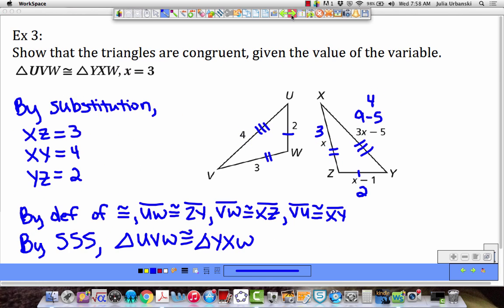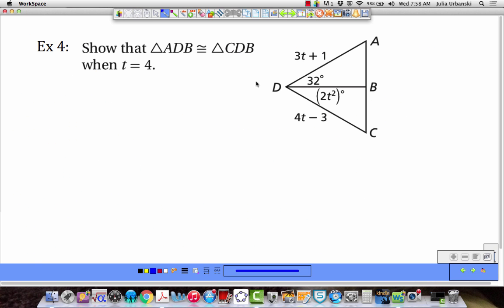All right, so plugging in for the next one. Plug in all these values. T equals 4. You plug it in. 3 times 4 plus 1. Get a value for those 3 things before we move on. Use your PEMDAS.